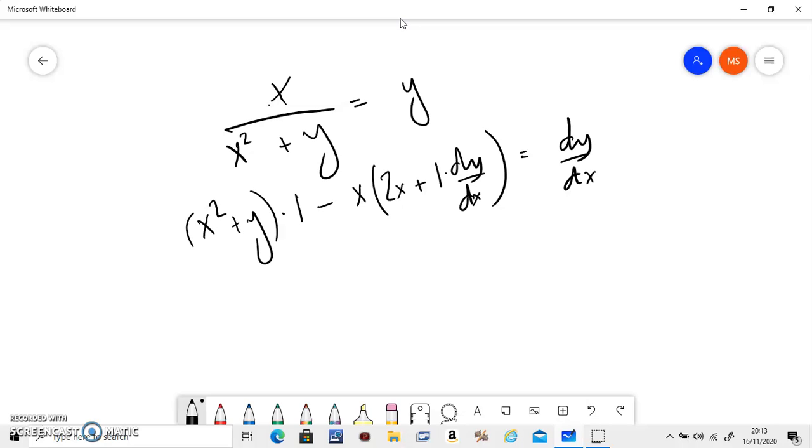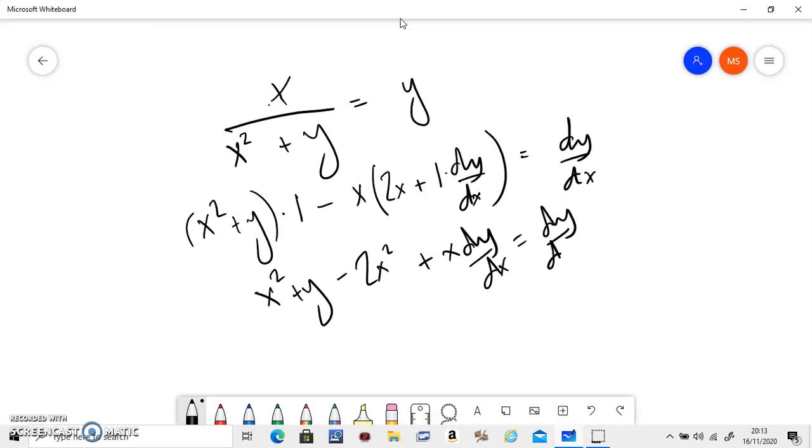Okay, now move everything to the other side and dy by dx on one side. So you should get x squared plus y minus 2x squared plus x dy by dx equals dy by dx. We're just simplifying the whole thing. Now move the dy by dx on one side and everything else on the other side. So move this one to the other side.